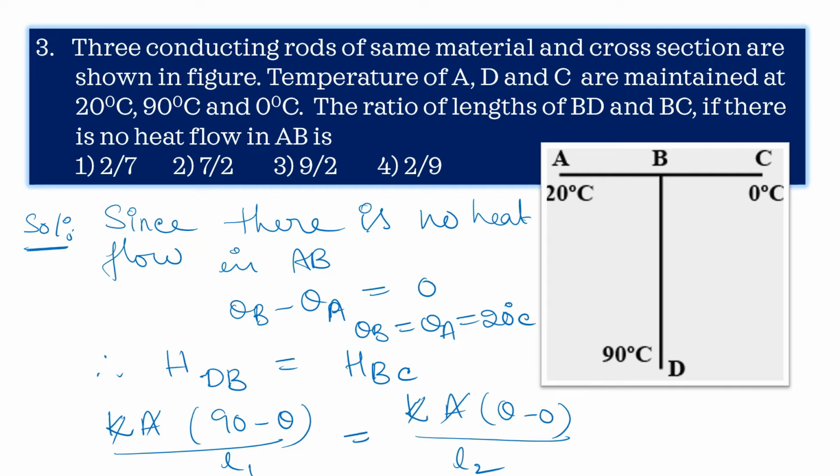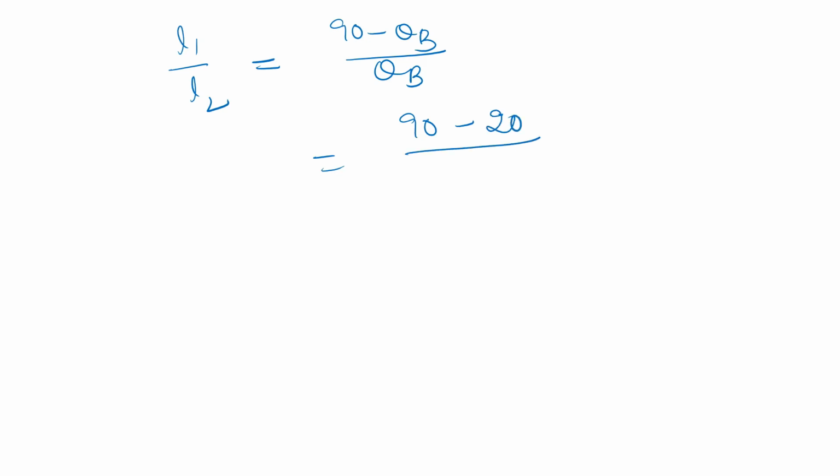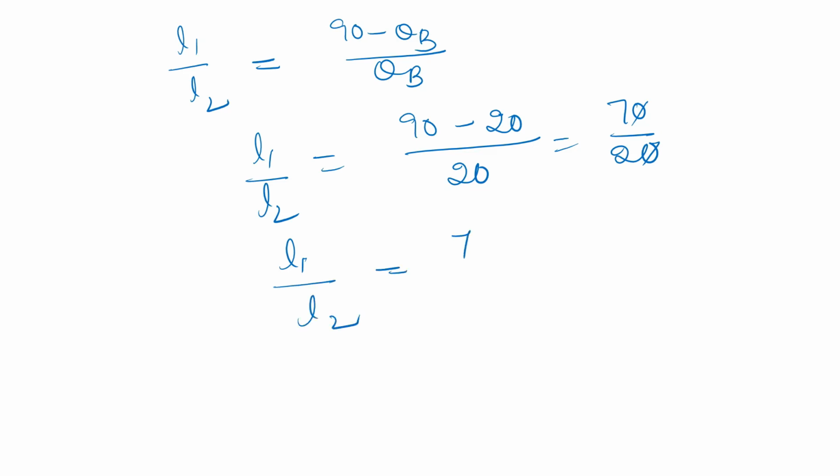Ka cancels, so it can be written as L1 by L2 is equal to (90 minus theta B) by theta B. So substituting theta B equal to theta A, that is 20 degrees centigrade, 90 minus 20 by 20, 70 by 20, 0 cancels, 7 by 2. So the ratio of lengths L1 by L2 is equal to 7 by 2.